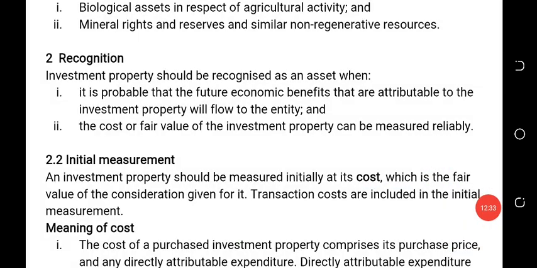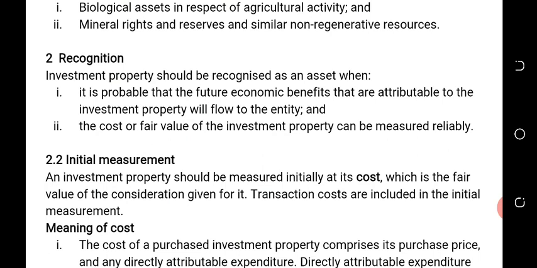So it is probable that the future economic benefits attributable to the investment property will flow to the entity. When the future economic benefits attributable to that property will flow to the entity, we say they should recognize it as an investment property, and the cost or the fair value of the investment property can be measured reliably.